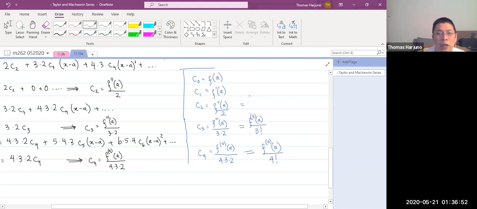This is the second derivative of f at a over 2 factorial. This is the first derivative of f at a over 1 factorial. This is f(a) without derivative over 0 factorial, which is 1.